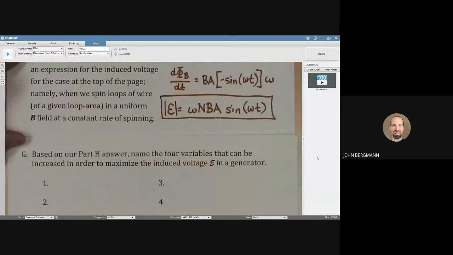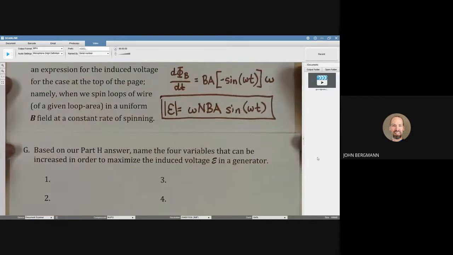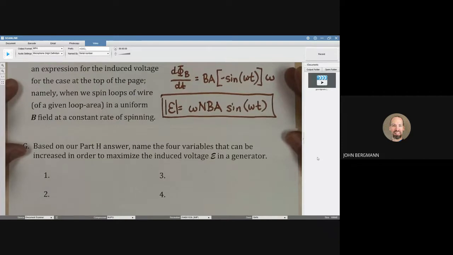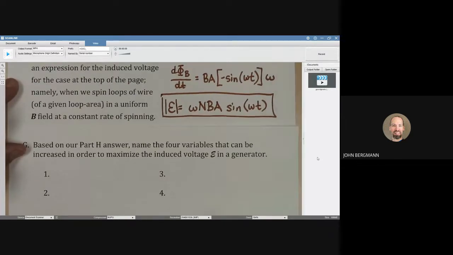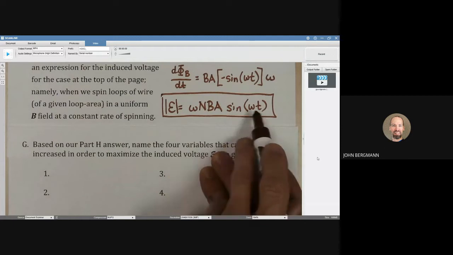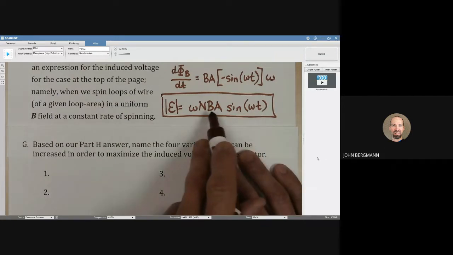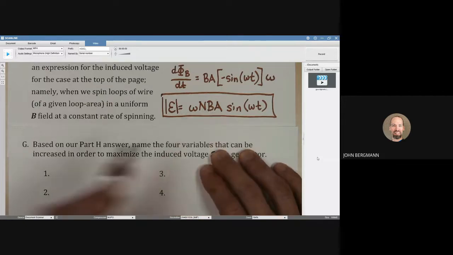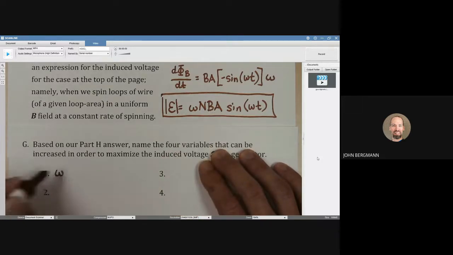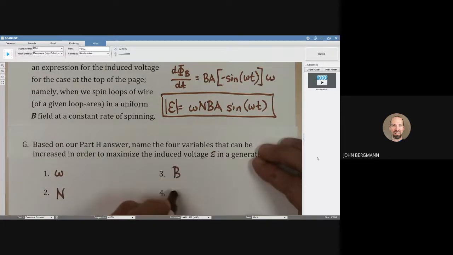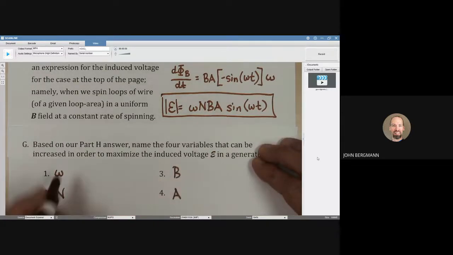Based on part H, what are the 4 variables that can be increased in order to maximize the induced voltage? The maximum that a sine of something can have is just 1. So as these things get bigger, the induced voltage will get bigger. Omega, n, B, A. And let's write what those are.